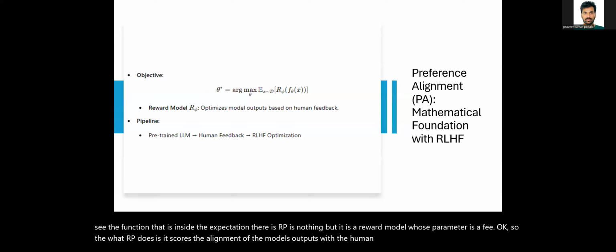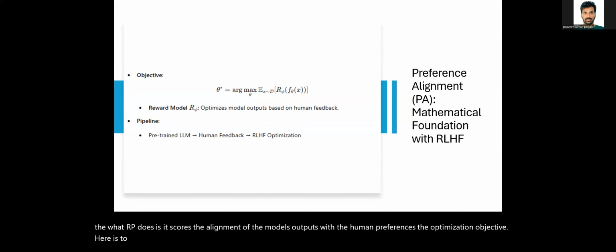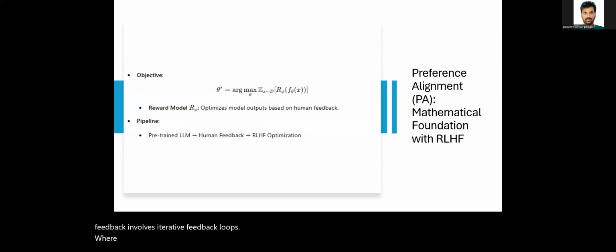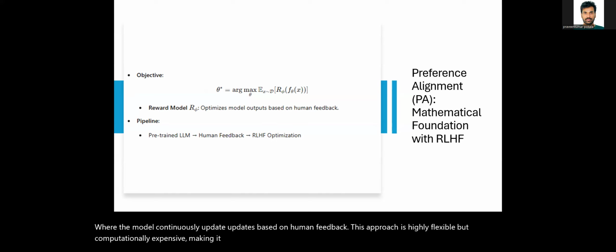The optimization objective here is not to minimize error, but to maximize this reward. RLHF, reinforcement learning with human feedback, involves iterative feedback loops where the model continuously updates based on human feedback. This approach is highly flexible but computationally expensive, making it well suited for tasks with subjective or complex responses.